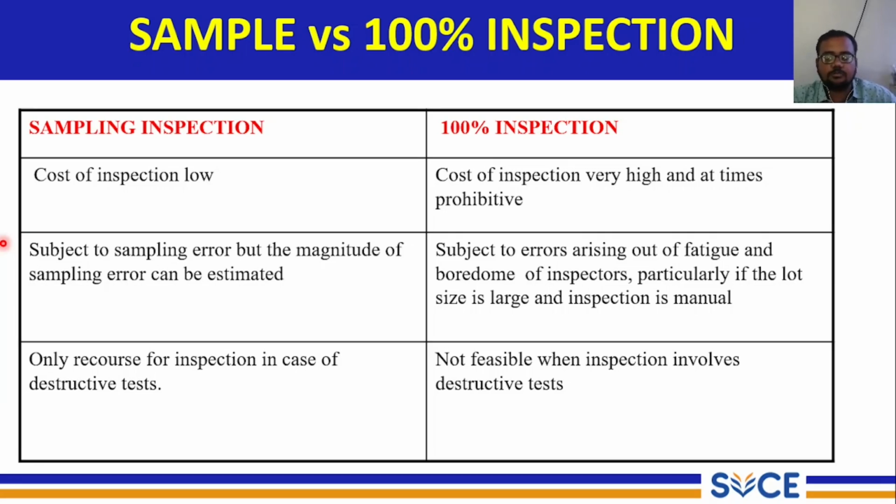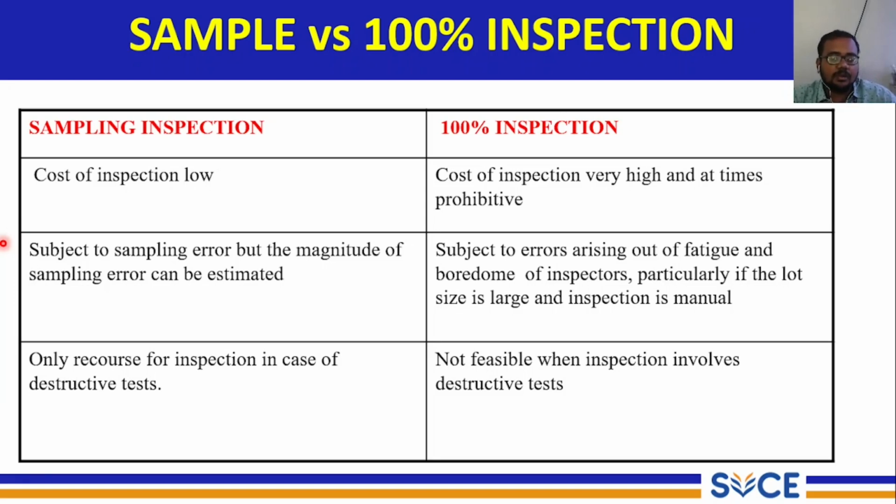100% inspection will be more beneficial for products which are more subject to errors, because of fatigue and boredom of inspectors, particularly if the lot size is large and the inspection is done manually. You are more prone to find that 100% inspection will give you better results.